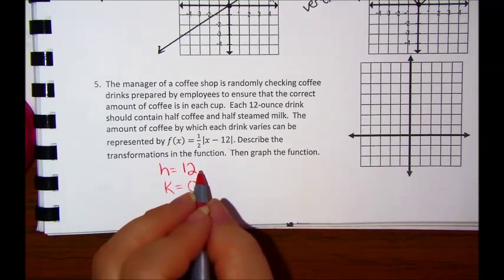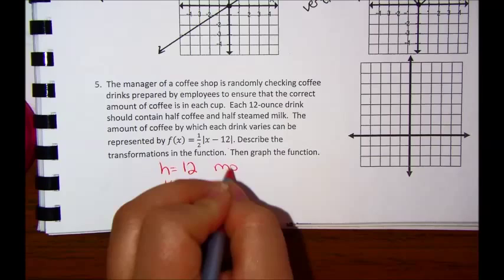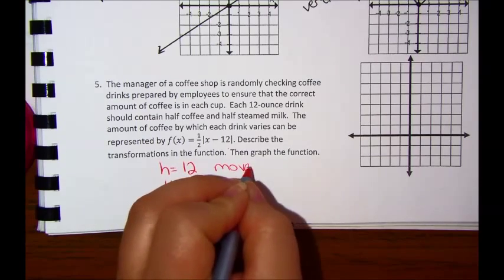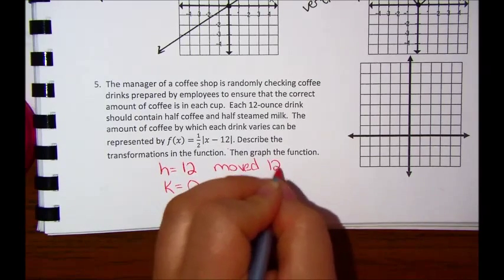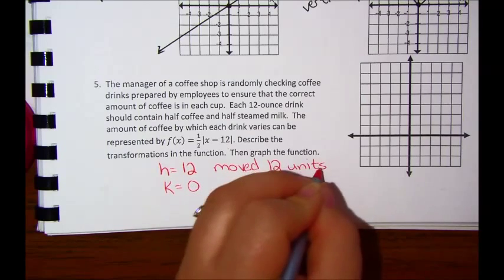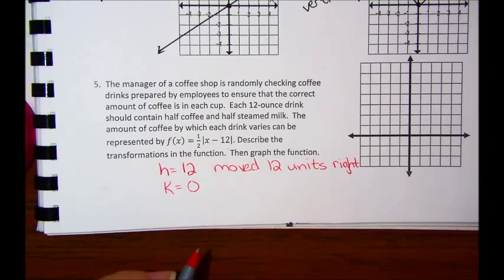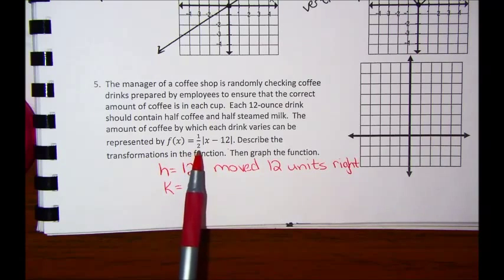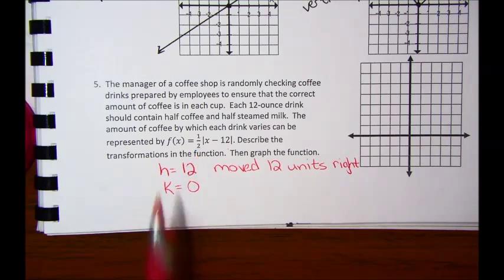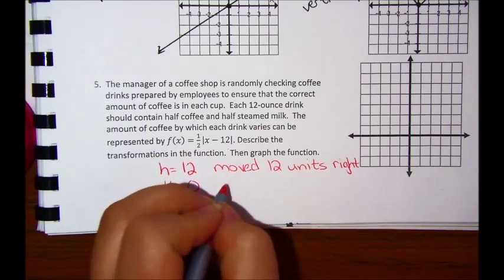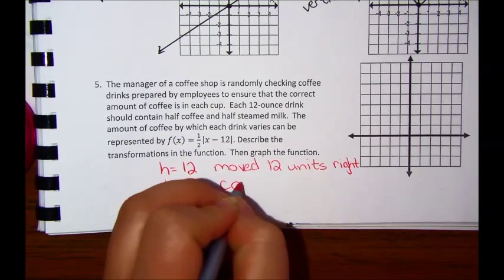So this h value tells me that it moved 12 units to the right. K is 0, so it did not move up or down. It's also dilated. Since 1/2 is between 0 and 1, we can say that this has been compressed vertically.